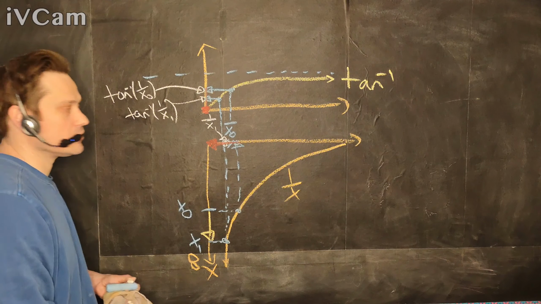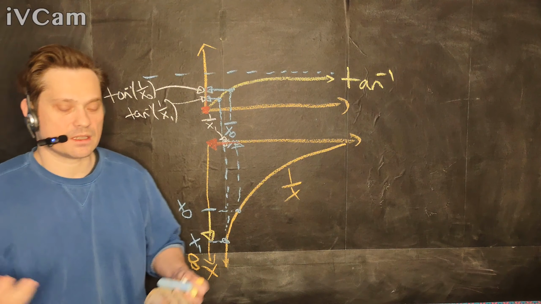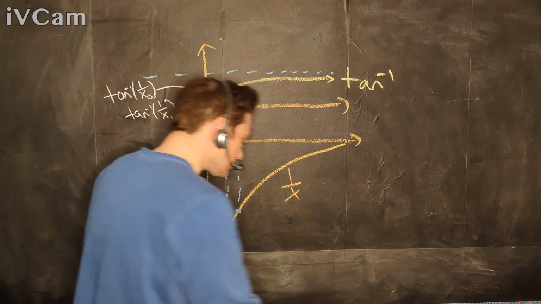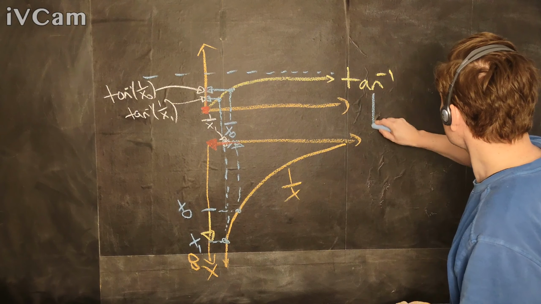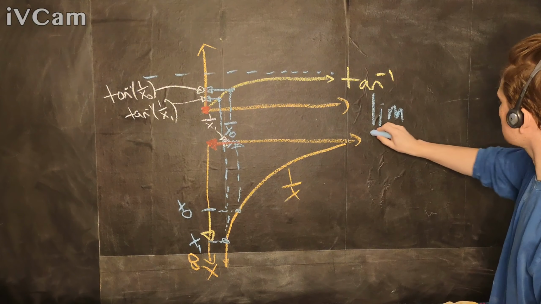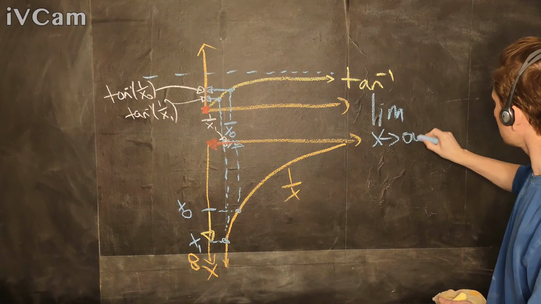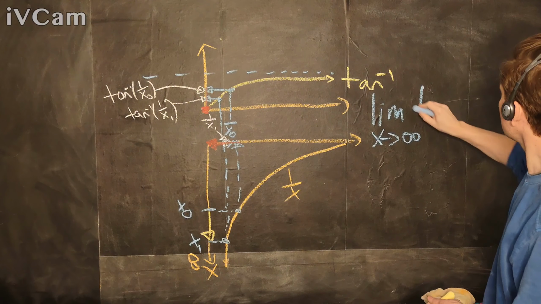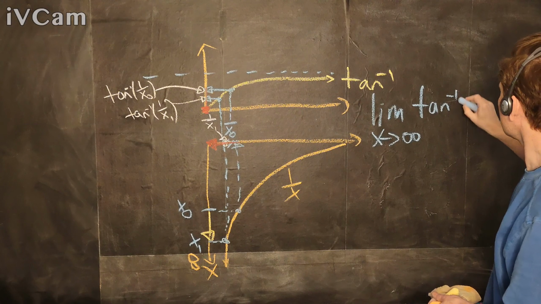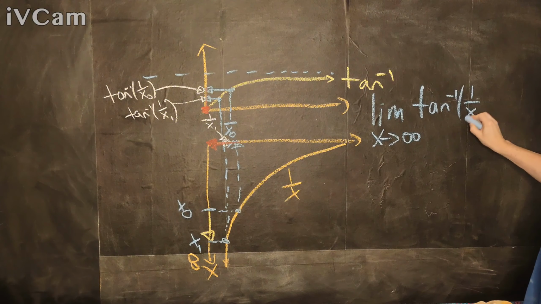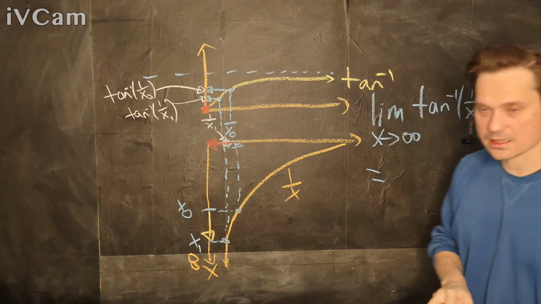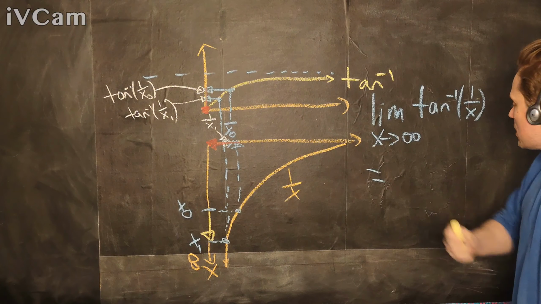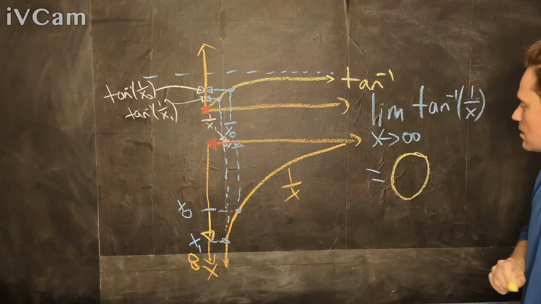So what's the limit that we have just visualized here in terms of the entire process? The limit says the following. It's the limit as x approaches positive infinity of tan inverse of 1 over x. And by visualizing this entire process, hopefully we can tell that the value of this limit is 0.